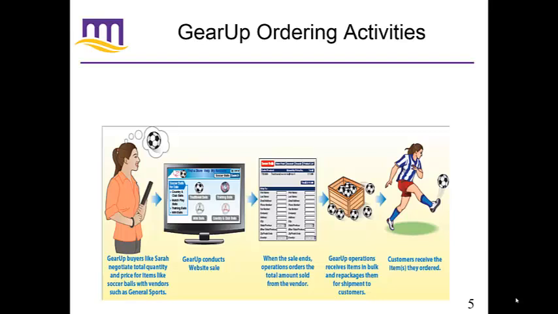So they get them in maybe a big box, and GearUp will repackage it into small containers that they can then ship out to the customers who have successfully completed the auction and bid on it. So they take it from bulk, repackage it for individual shipments to customers, and then the customers receive their orders and pay their bill.